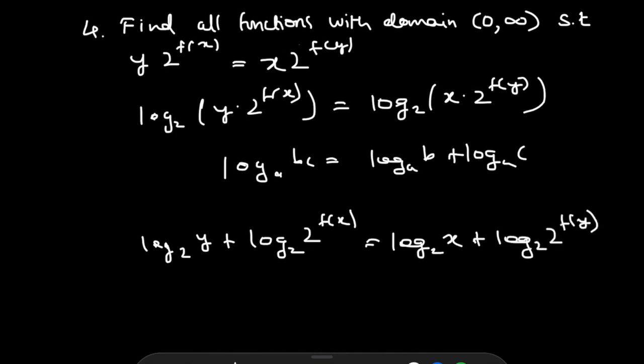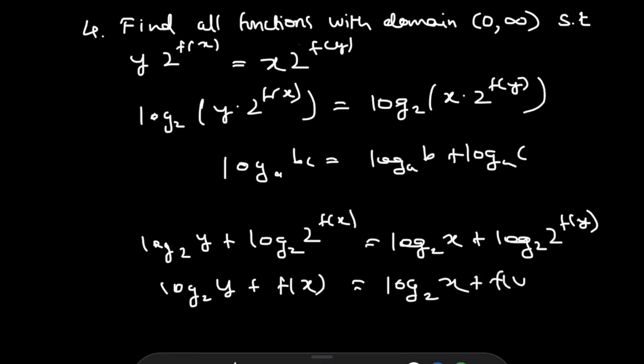So we can simplify this a little bit. We have log base 2 of y plus log base 2 of 2 to the f of x simply becomes f of x, equals log base 2 of x plus log base 2 of 2 to the power of f of y, which simply becomes f of y.